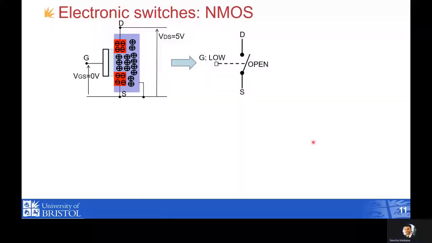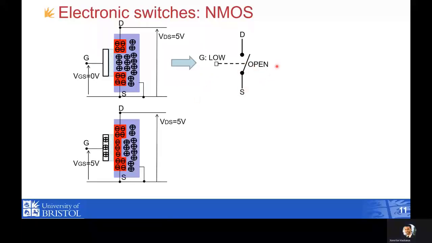Now, what is characteristic about an NMOS is that if low voltage is applied here, then it behaves like an open switch. And on the very contrary, if you apply control here, voltage, then it behaves like a small resistance, with negative particles.